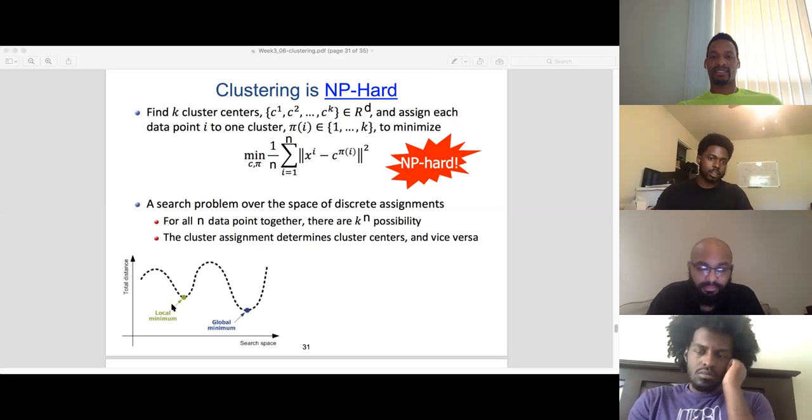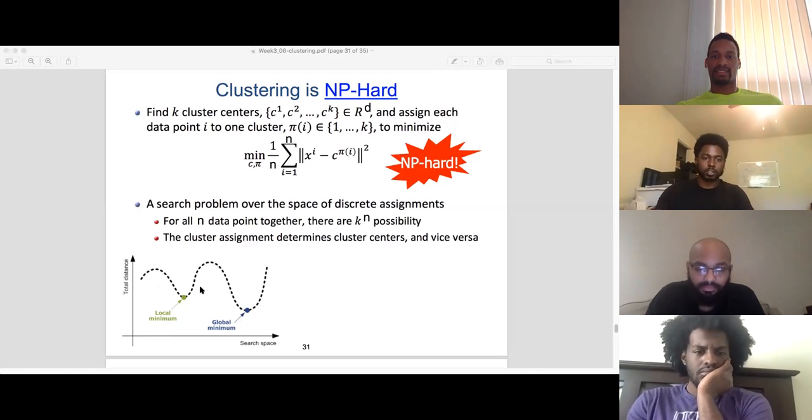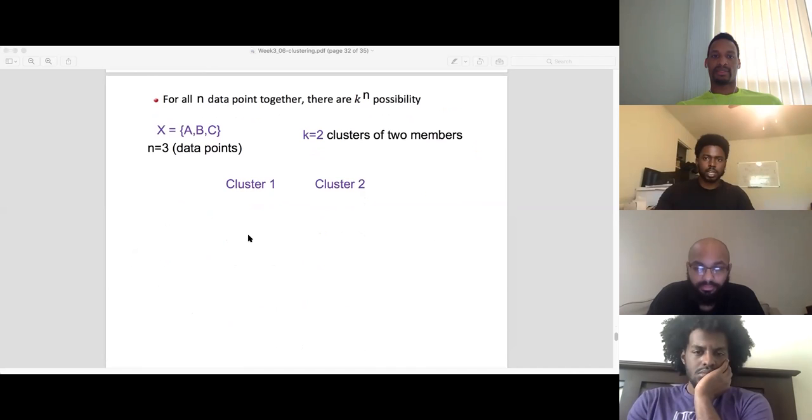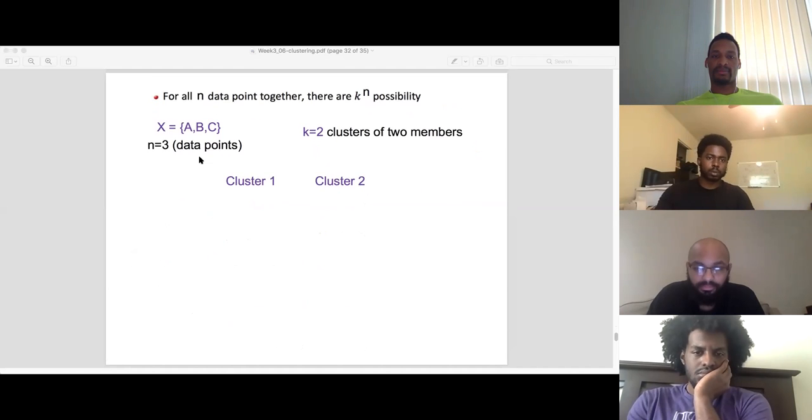And like Kevin said, you're not always guaranteed to find the global minimum. You might find yourself in a local minimum. As an example, even for 3 data points in 2 clusters, you're going to have K to the N possibilities of cluster combos. So that will be 2 to the 3rd, which is 8.